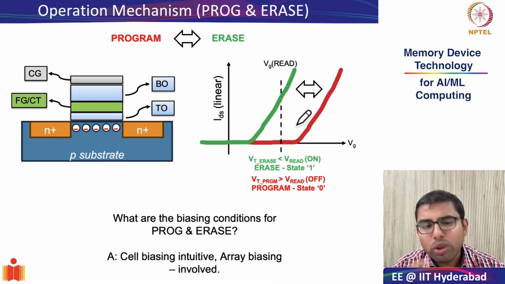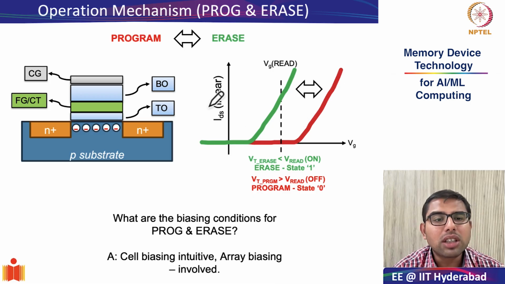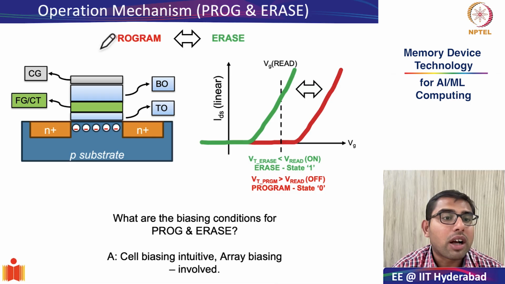If you think very carefully, the biasing for program and erase is very simple at the cell level. Why is this the case? Because in the program operation, all you need to do is pull negative charges into the floating gate. So it is obvious that in program operation, you have to apply a large positive bias at the control gate terminal, and vice versa for the erase operation.